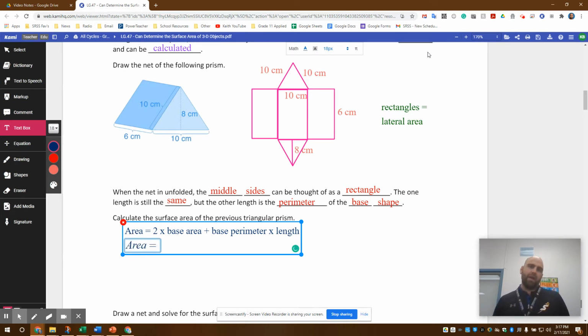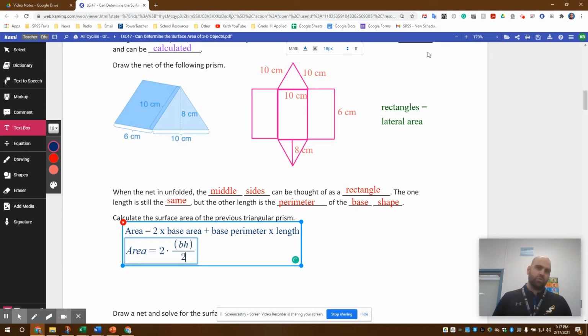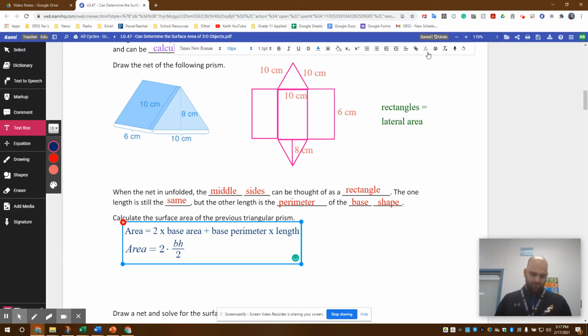We have a triangle as our base area, so it's going to be 2 times base times height divided by 2. Okay, so it's 2 times the base times height divided by 2. And I'm just going to take off the brackets because we don't need them there. And then we're going to add the base perimeter, which is going to be 10 plus 10 plus 10, or 3 times 10 centimeters.